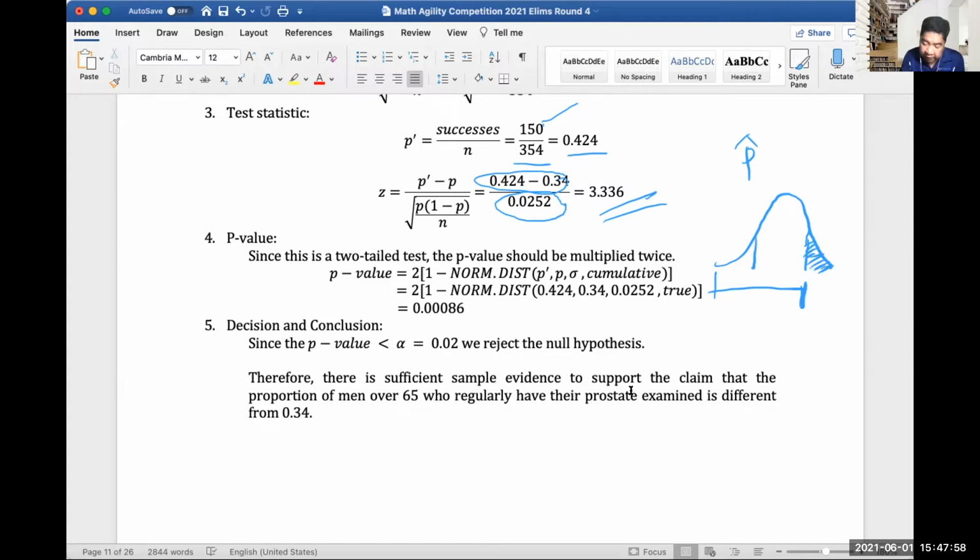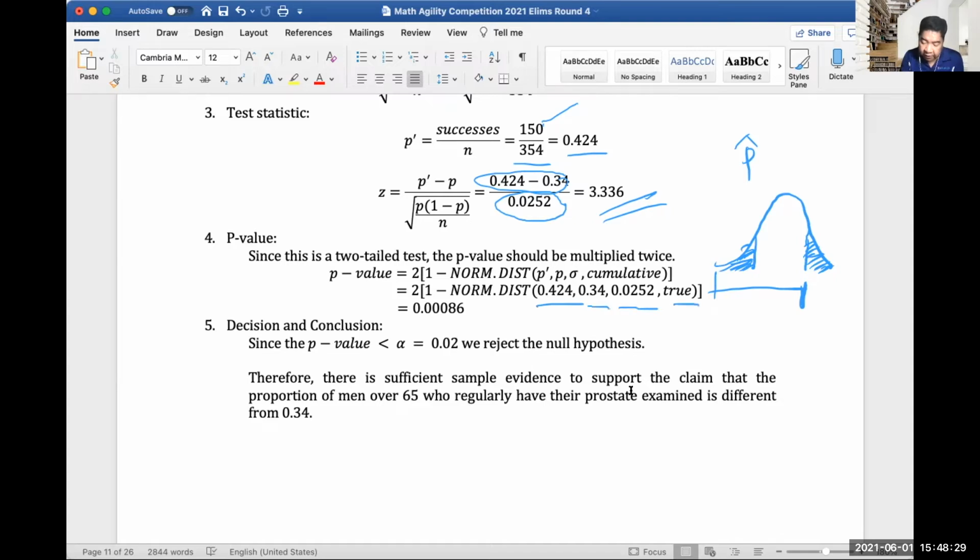So since it's two-tailed, there should be another one on the left-hand side of our distribution. That's why we multiply it by 2, right? So if you use Excel, 1 minus NORM.DIST of 0.424, which is our sample proportion, and then the population proportion, 0.34, and input also the population standard deviation.